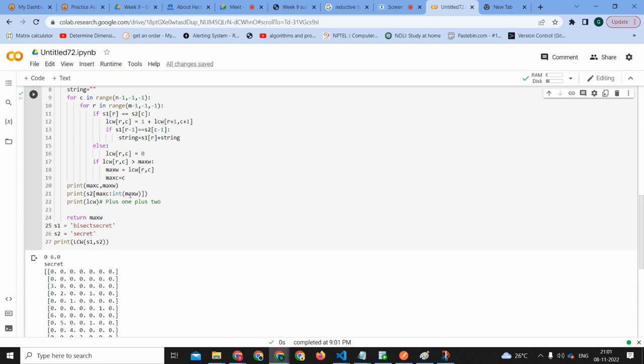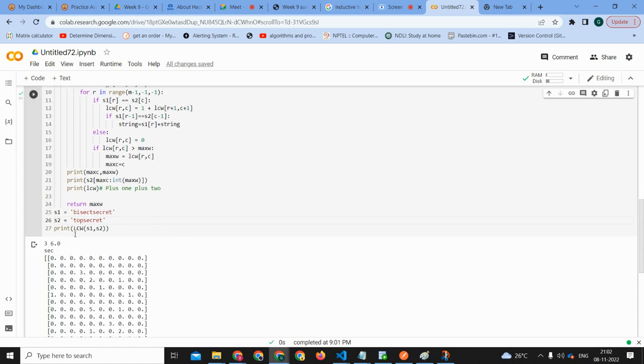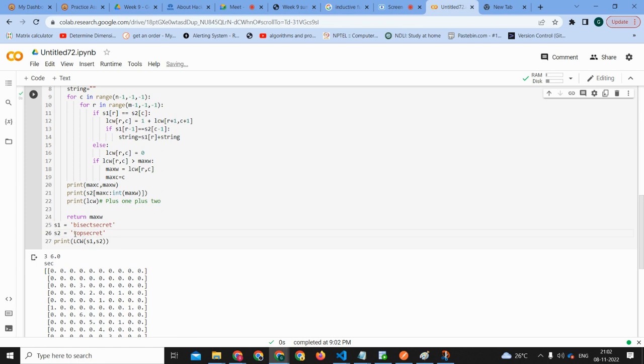But would this work if you put S2? Can you write top secret and see if it works? So it has to be in the beginning. If the subword starts from the beginning, only then it will work.